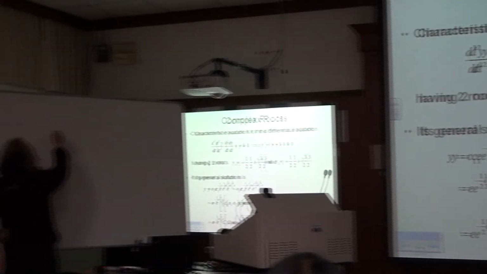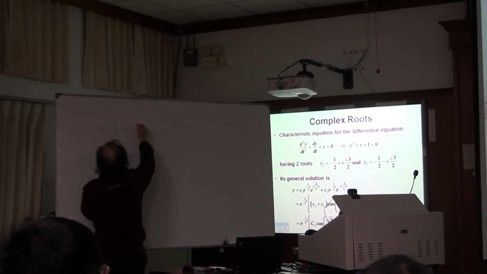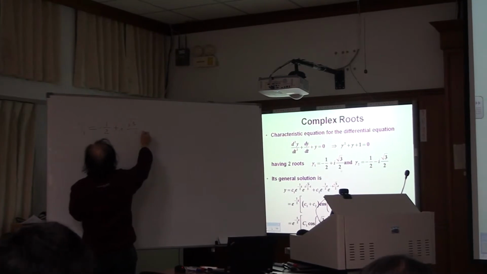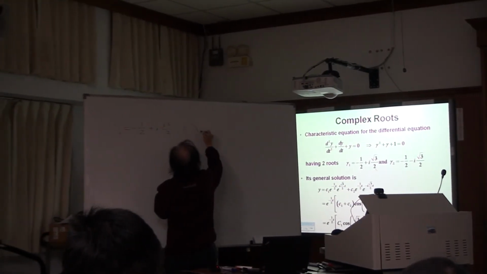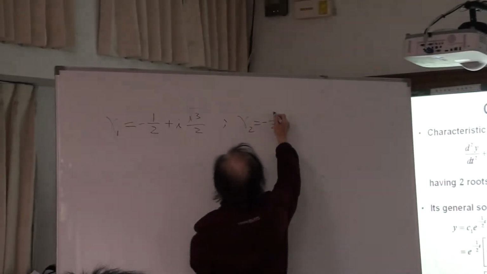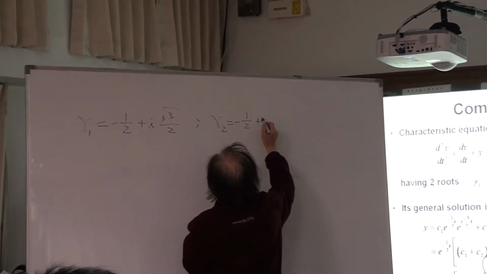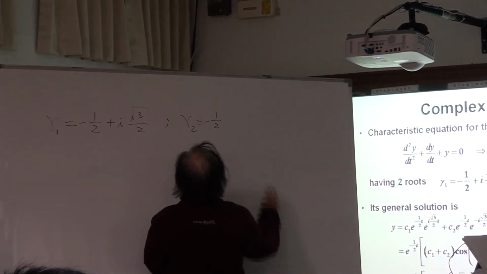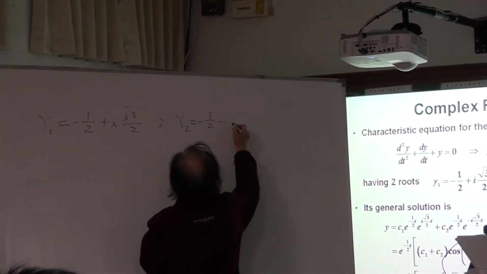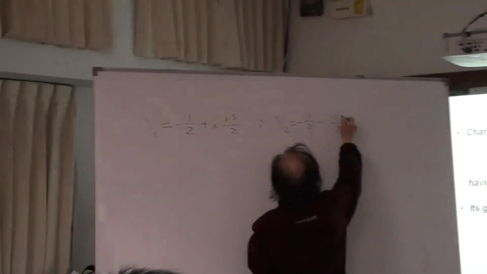Plus i square root 3 over 2, and then gamma 2 equal to minus half, plus and minus i square root 3 over 2.